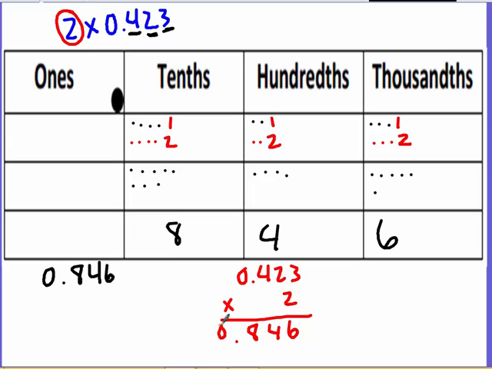Now, let's just check it with one more method using those partial products. I would have 0.4 times 2 plus 0.02 times 2.